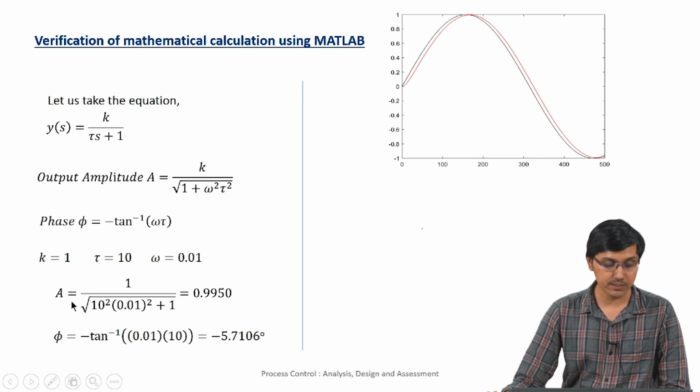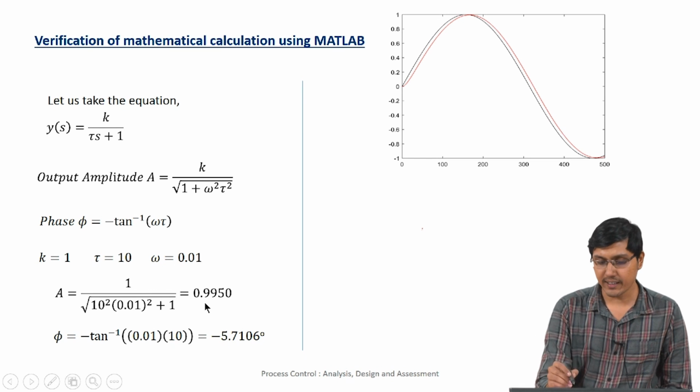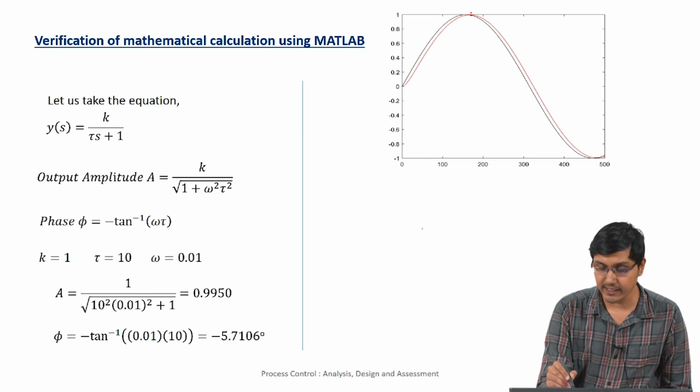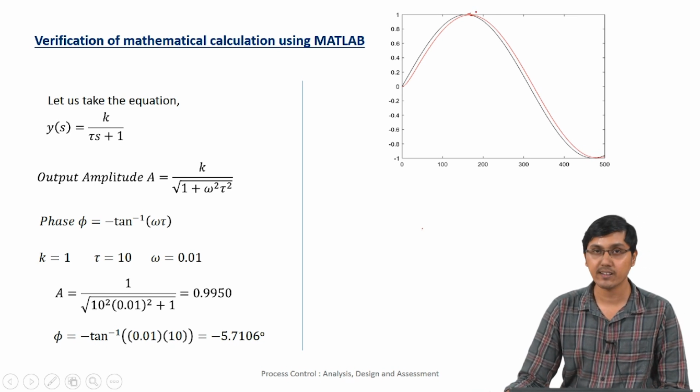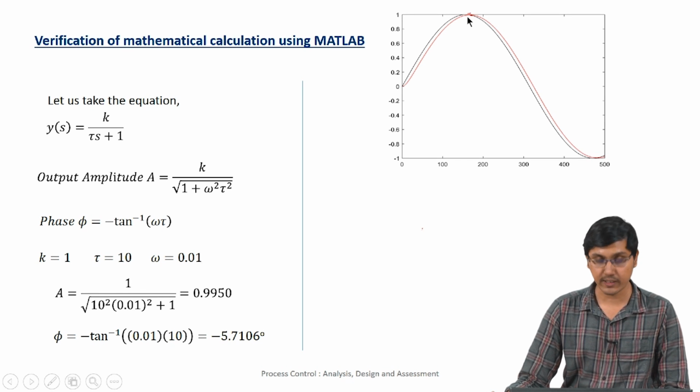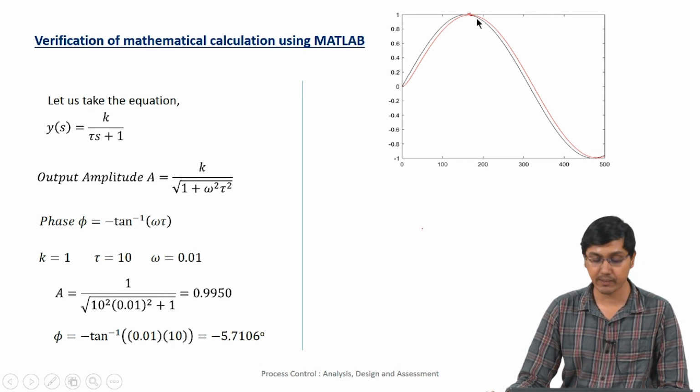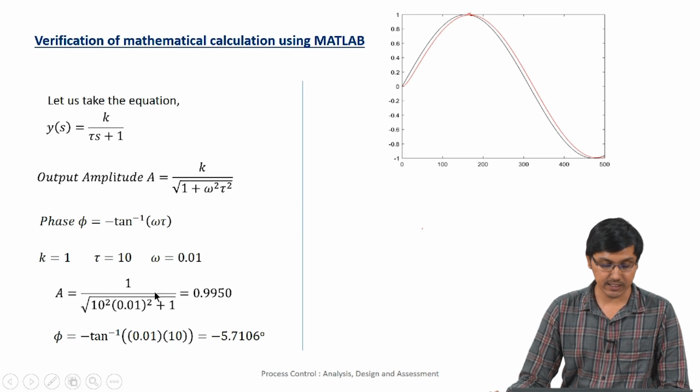If we substitute all these values into this equation, a becomes 0.99, and this red line is reaching about 0.99, which we cannot see exactly from the graph, but it is close to 1, the maximum amplitude of the sine wave represented by the red line.